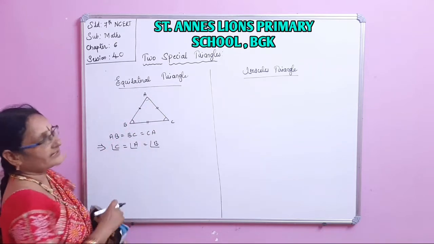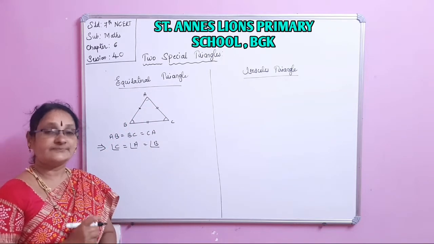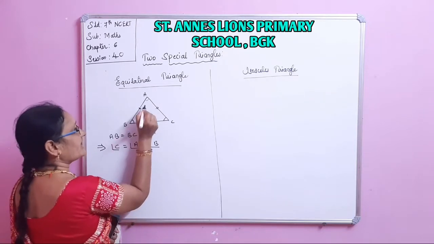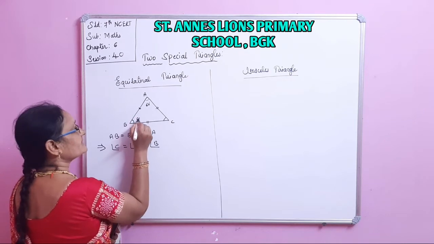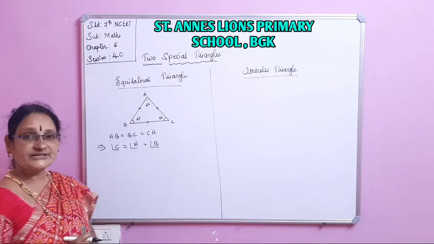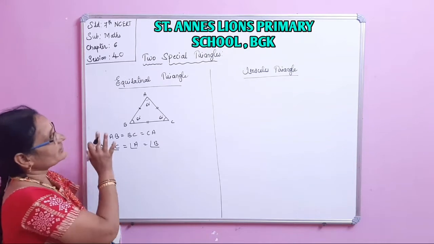So an equilateral triangle is also called an equiangular triangle. Equiangular means here each angle is 60 degrees, 60 degrees, 60 degrees.